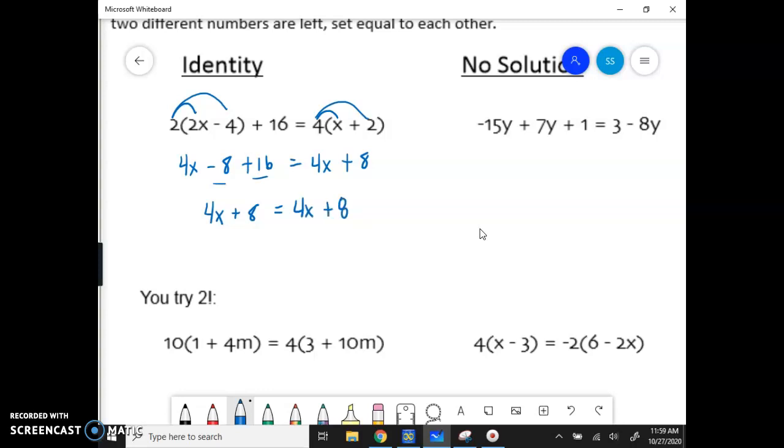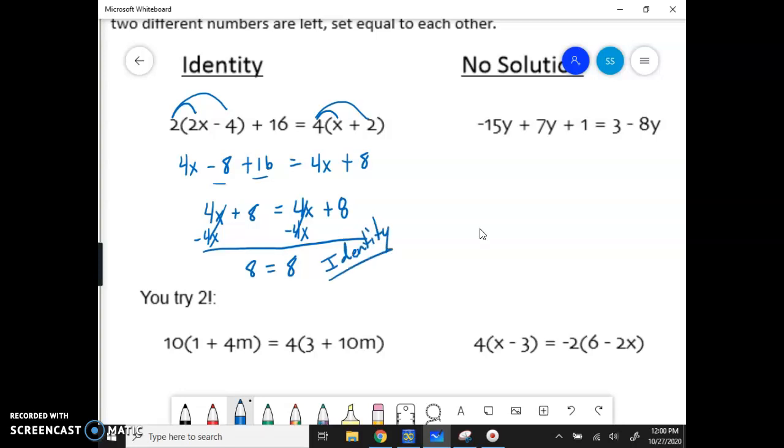Now I'm going to try to get the variables on one side. I'm going to subtract 4x here and 4x here. It eliminates on both sides, and what I'm left with is 8 is equal to 8. That is a true statement, so we can say this is identity.